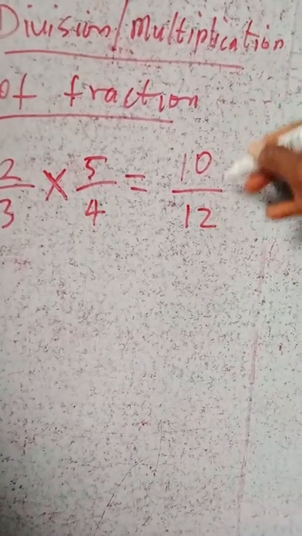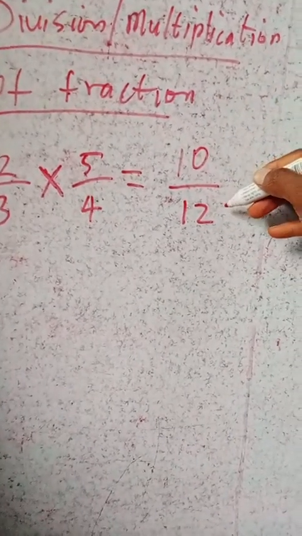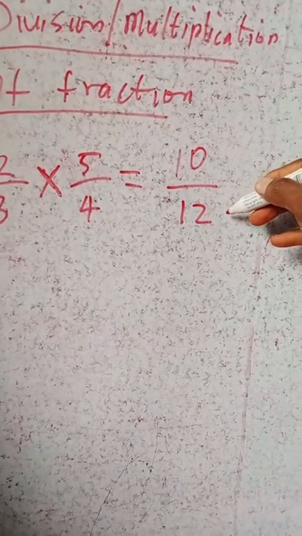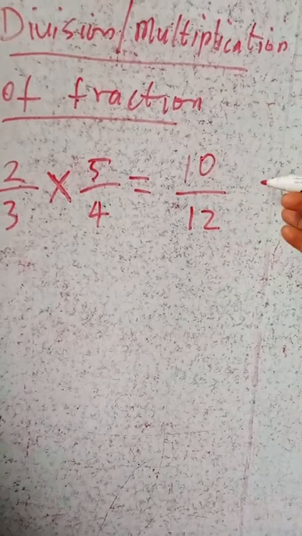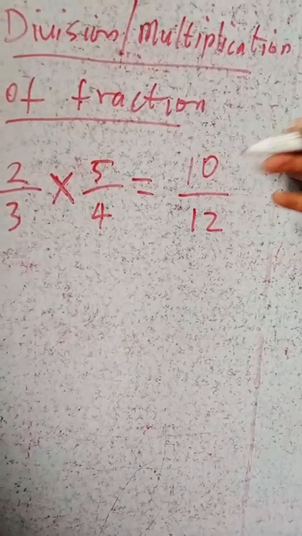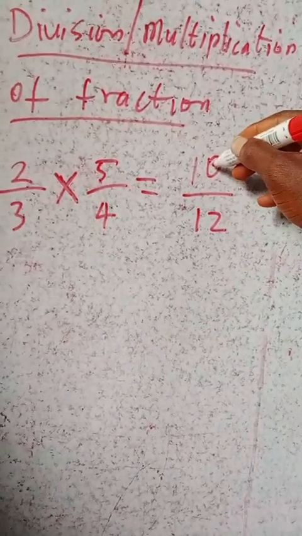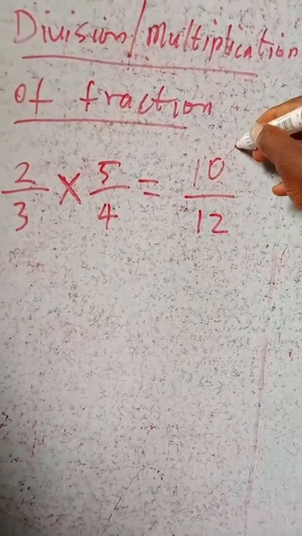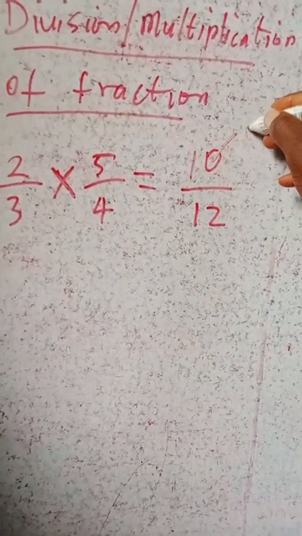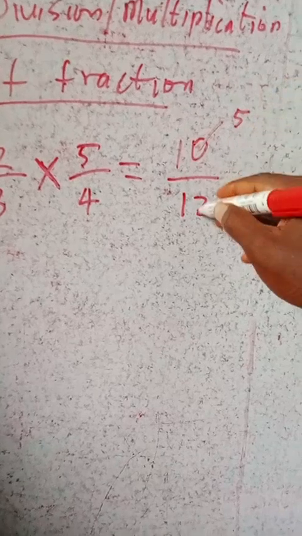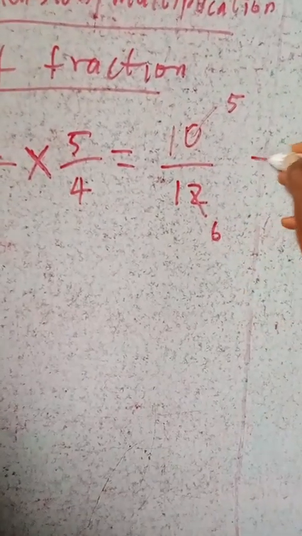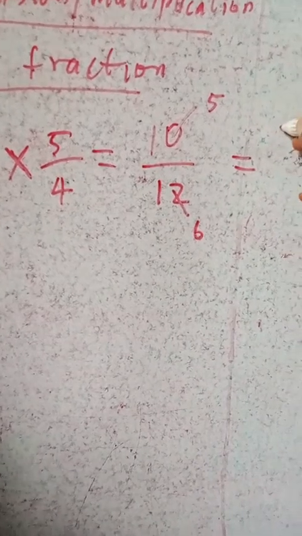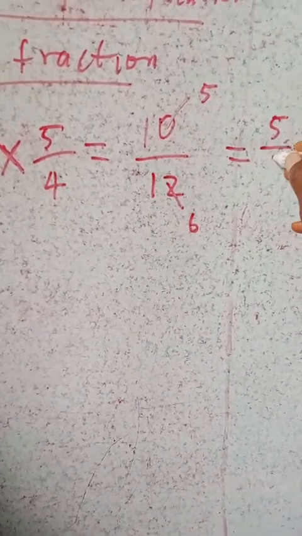We will not keep any fraction like this if your mathematics is sound. So what is the factor between 10 and 12? We will say 2 is a factor. 2 divides 10 is 5, 2 divides 12 is 6. So this means we are going to have 5 over 6.